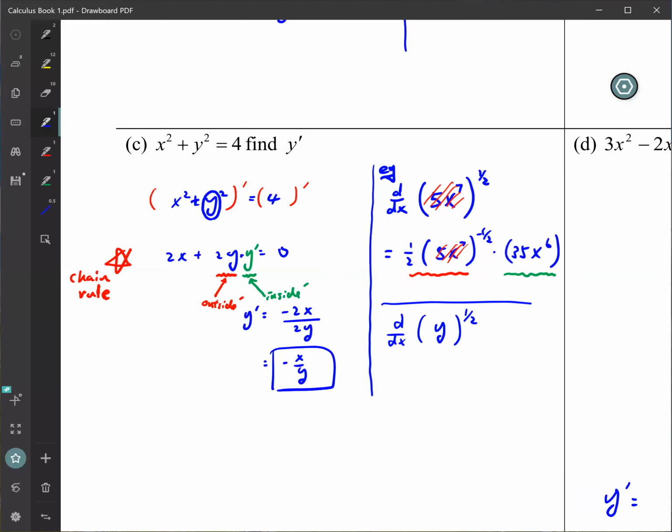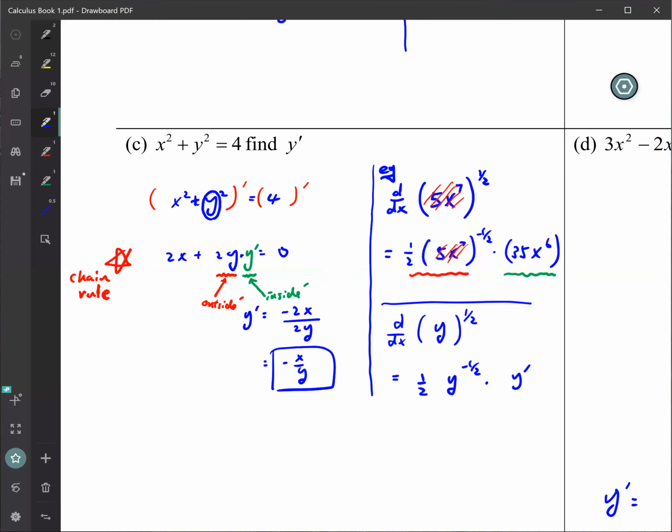And then we're going to do the same thing. Just remember y is some mystery function. So how do you prime this now? Half of y to the power of negative half, and then multiplied by y prime. There you go. That's why you need to do the chain rule here, because you don't know what the y is, but it's some function. Make sense?